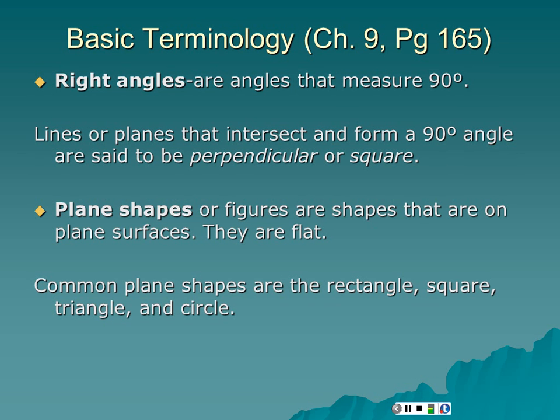So the lines or planes that intersect and form 90 degrees are said to be perpendicular to each other. For an example here, we have two lines which intersected each other, right?